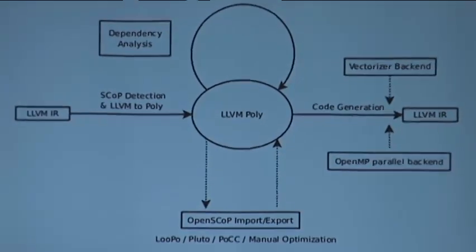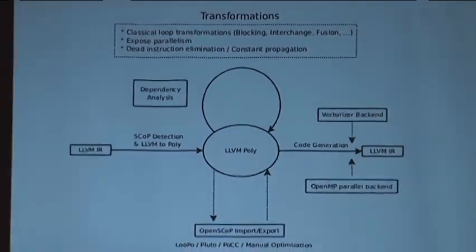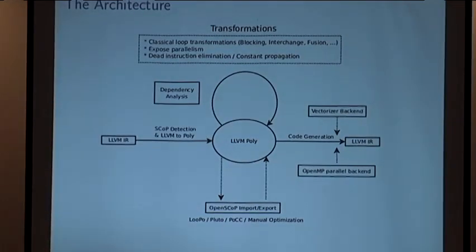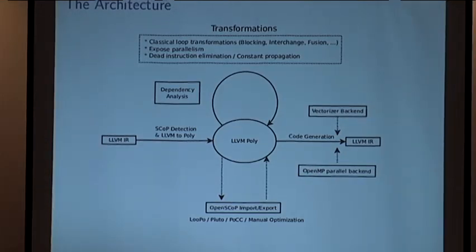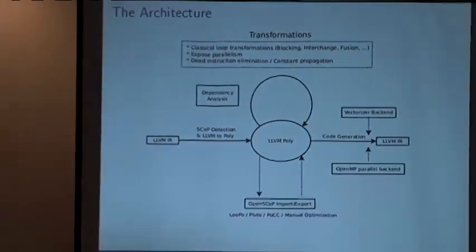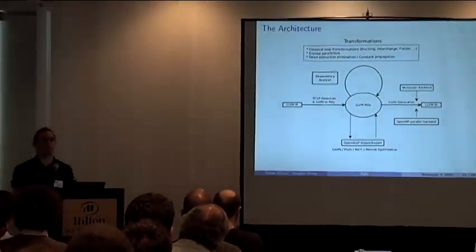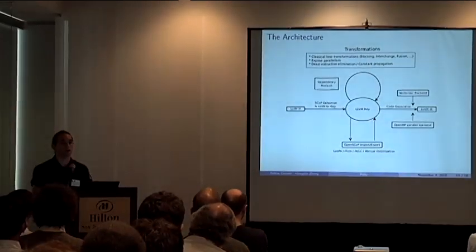And as soon as we have done some research in that area, we can also start implementing the worthwhile and interesting optimizations in LLVM or in Polly internally. We also have a dependency analysis, which I think is one of the most interesting parts, because it's the most detailed dependency analysis I can think of.